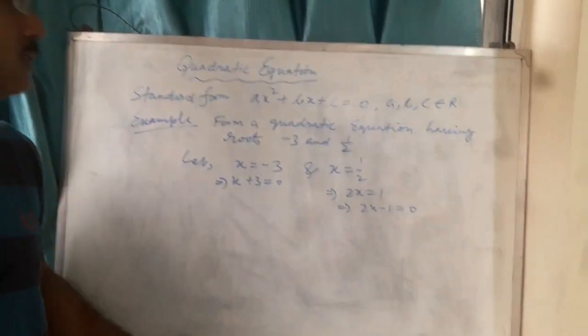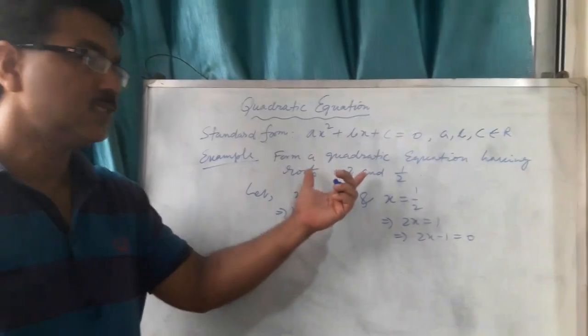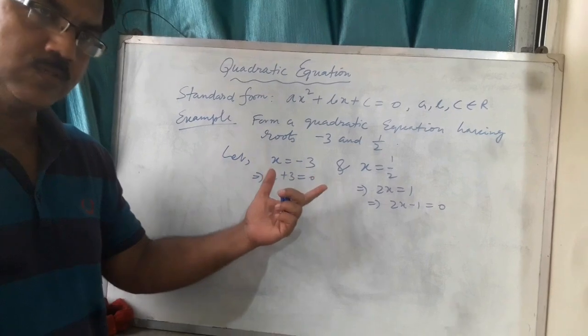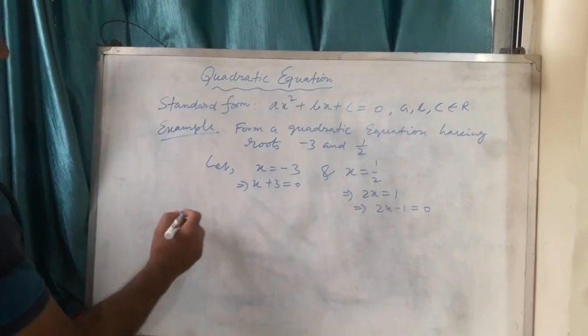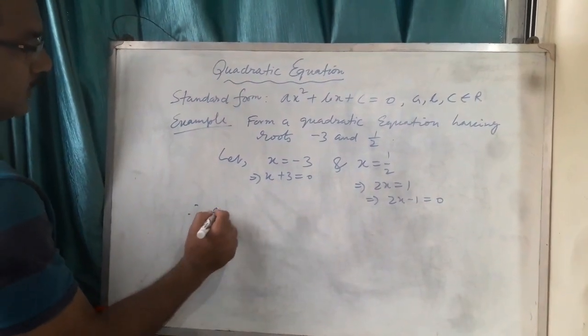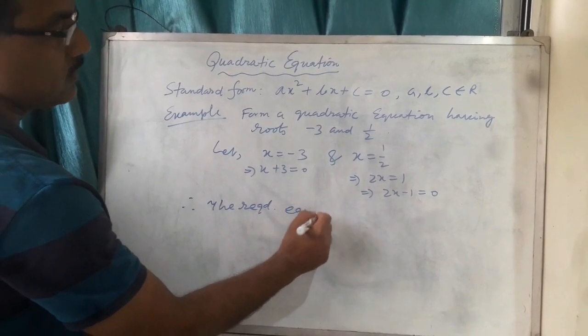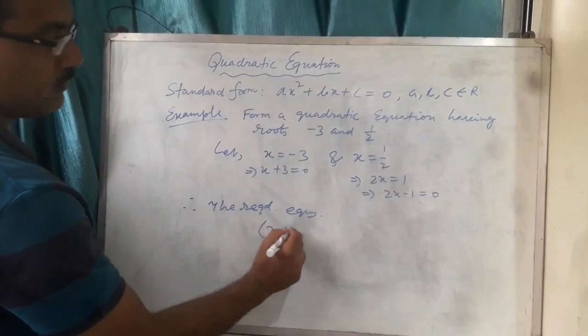When the equation is given, you are finding the value of x. This time you have to go in just the reverse way. Therefore the required equation will be the product of them.